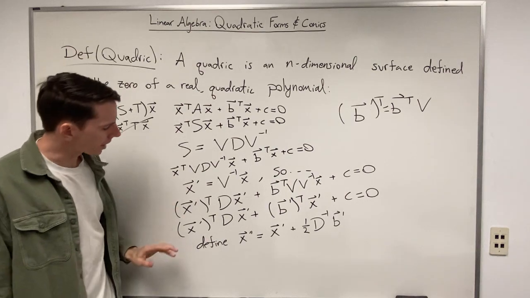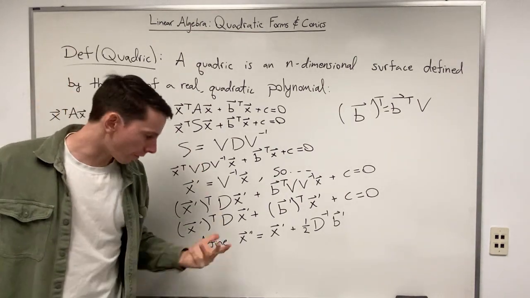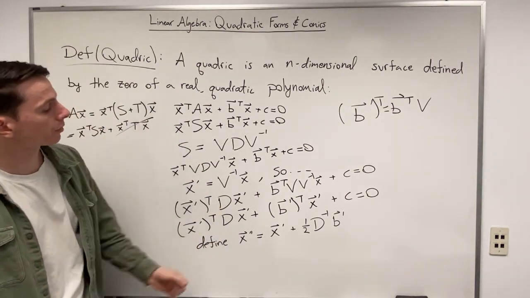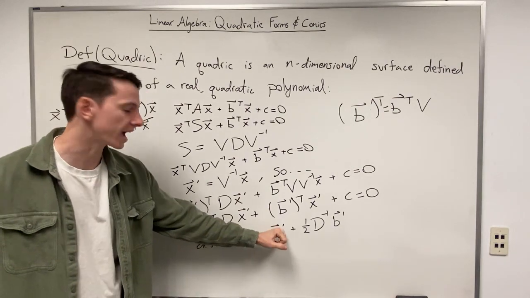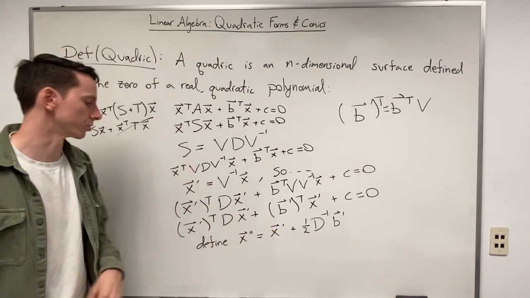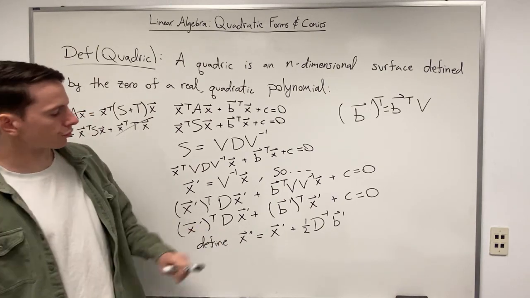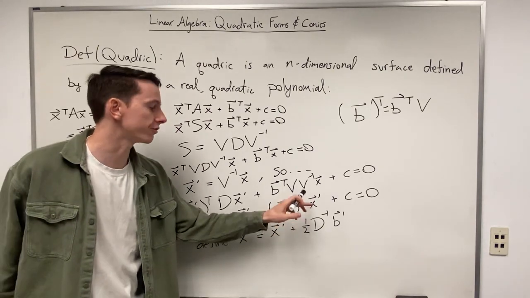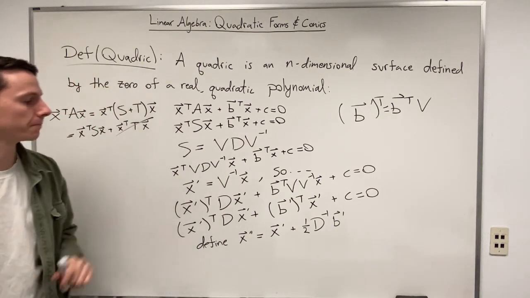Okay, so we have this final coordinate change now, going from the primed coordinates x prime to a second primed coordinate, to indicate a second coordinate change, where we have x double prime equals x prime plus 1/2 D inverse times b prime.